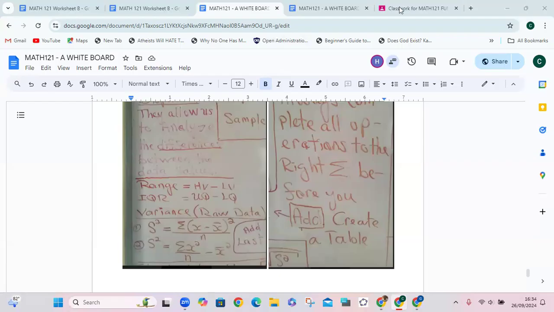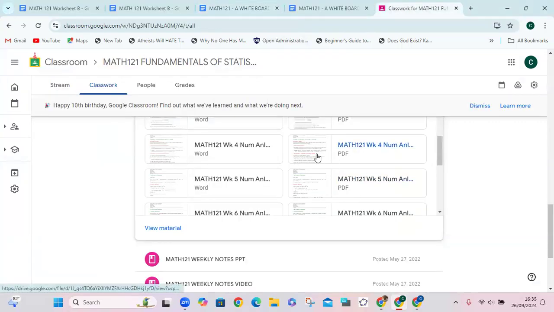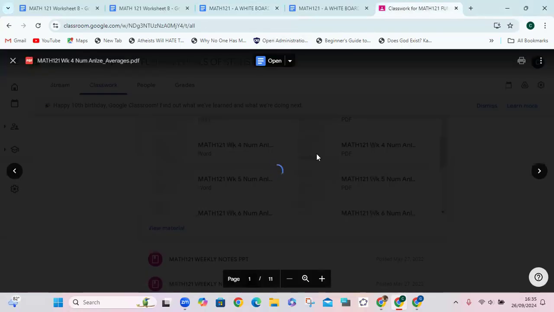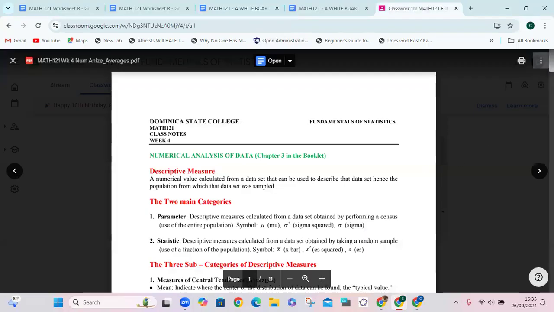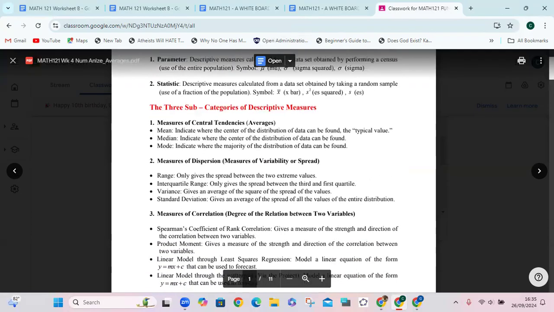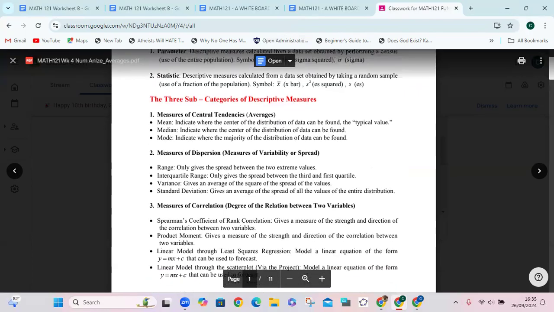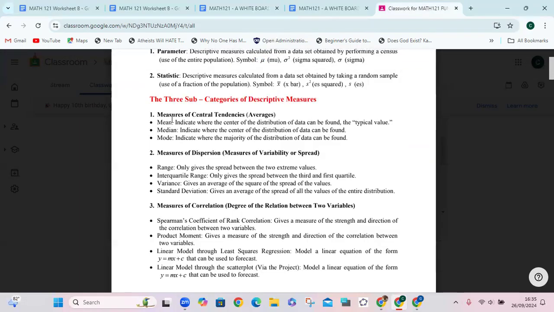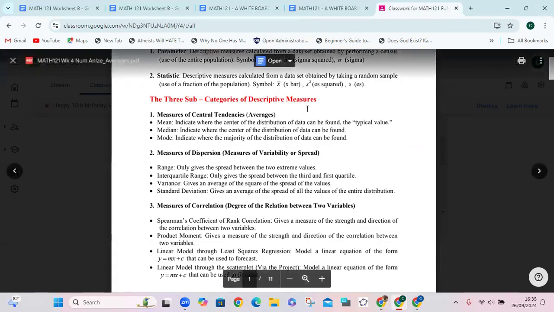This is also explained in weekly notes number 4. Bear in mind, I'm trying to clarify the difference between averages and measures of dispersion. Here it is in weekly notes number 4. There are 3 subcategories of descriptive measures.